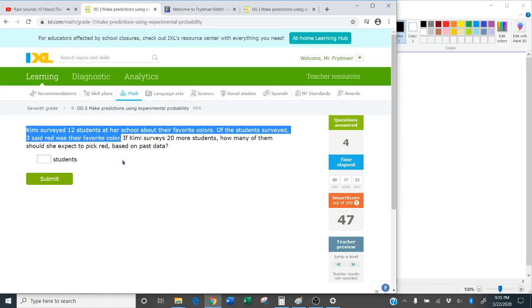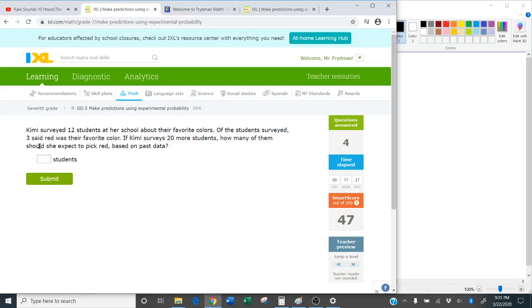So again, let me pause here. Is this 3 included in this 12? It is included. How do I know that? Because it says here, of the students surveyed, 3 said red was their favorite color.